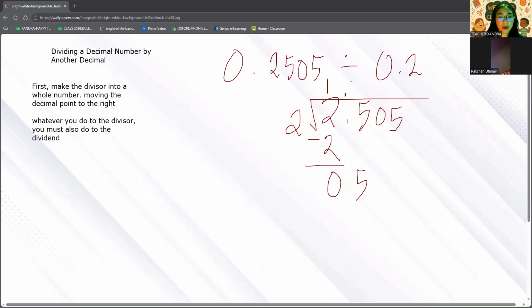So 5 divided by 2. 2 times 2 is 4. 5 minus 4 is 1. Bring down the next digit.